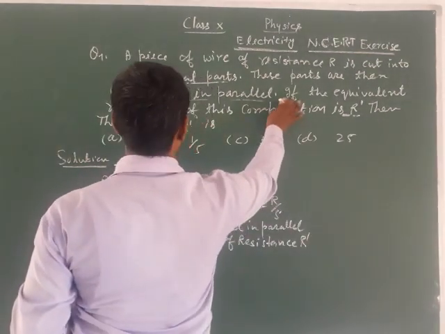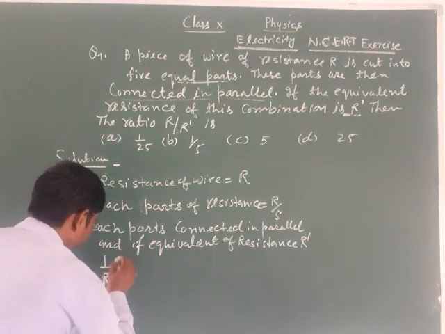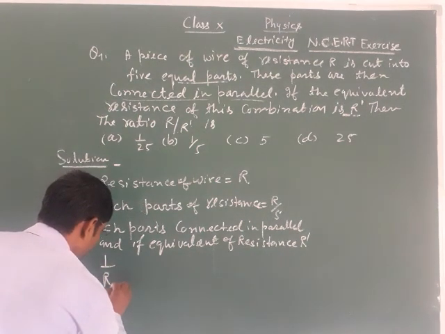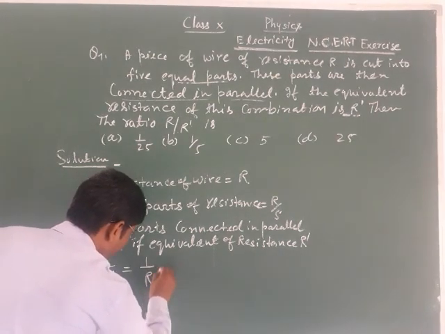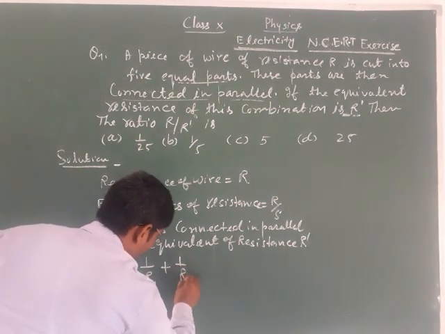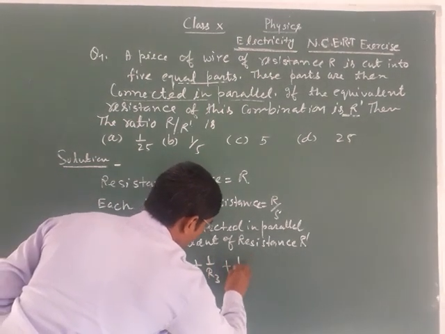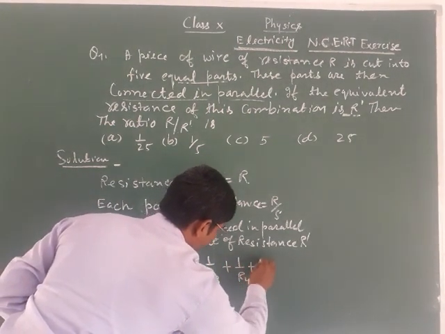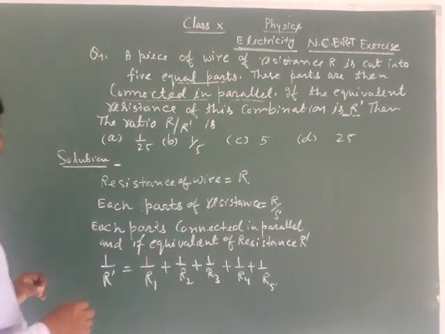So 1 upon R dash is equal to 1 upon R1 plus 1 upon R2 plus 1 upon R3 plus 1 upon R4 plus 1 upon R5.